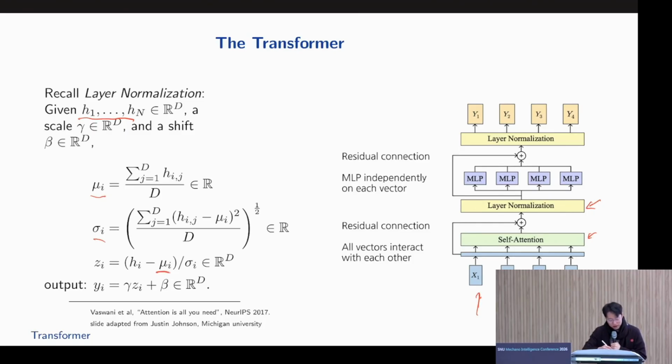You subtract the mean and divide by the standard deviation. These are scalars. Then there are learnable parameters gamma and beta, to give it a chance to recover the identity.